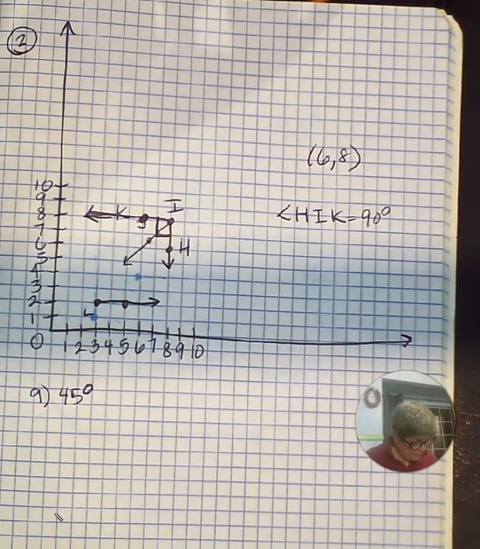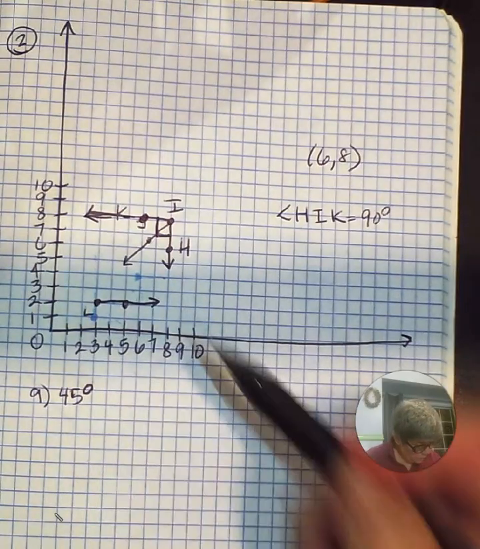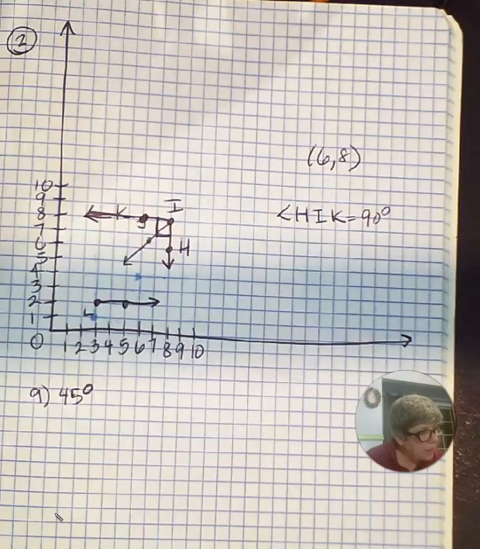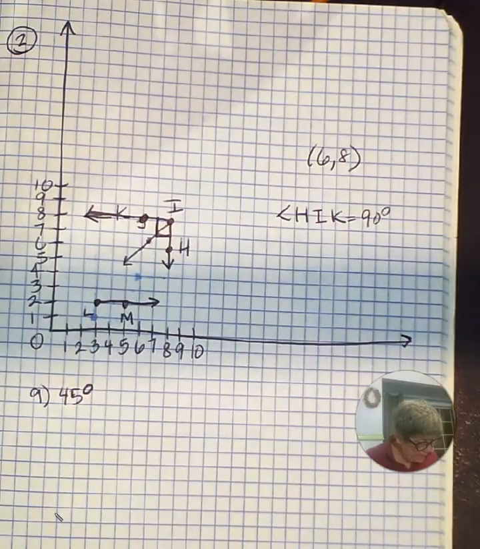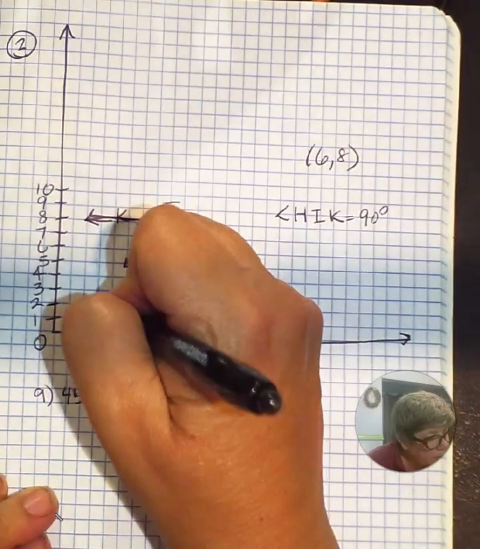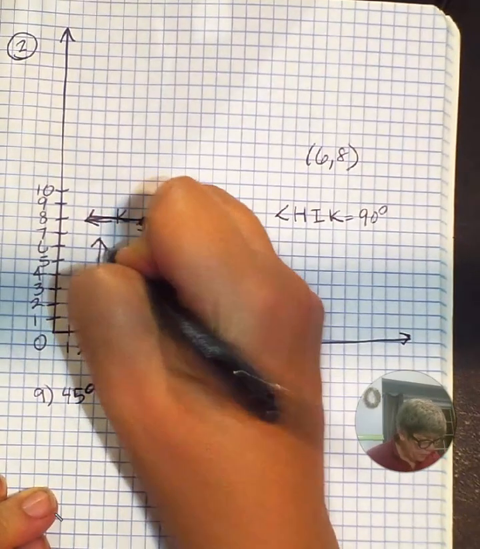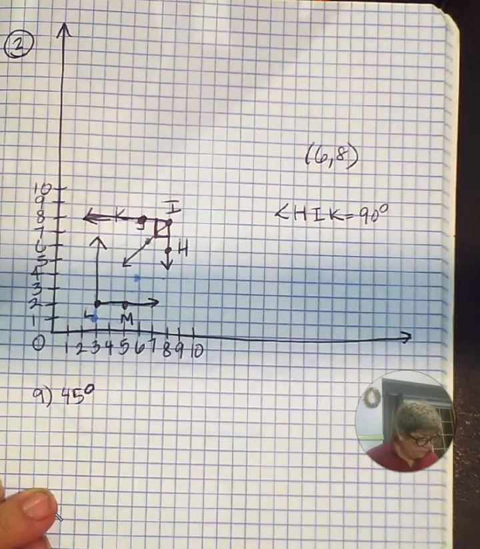Plot point N so that MLN is a right angle. Okay, so, oh, did I forget to put the M on there? Yep, LM. Now we need N, making it a right angle, so it's going to have to be somewhere on this line. Did they say where it has to be? No. So we could put it anywhere on this line.